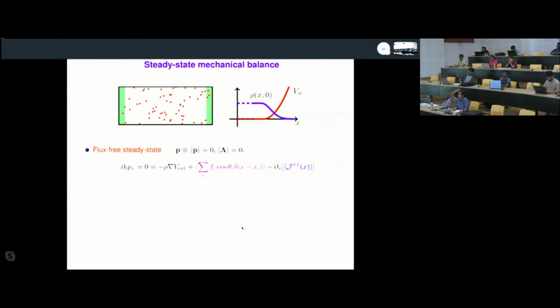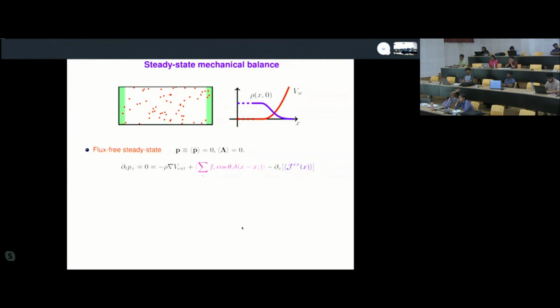And if I look at what this is equal to, it will be minus rho d_x v, not grad v. So that's the local force density, plus the term in magenta, which is the local density of active force along the x direction, minus the divergence of my momentum flux tensor, which is just minus d_x of J_xx.